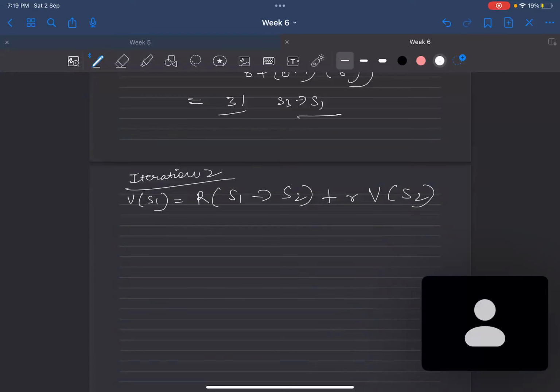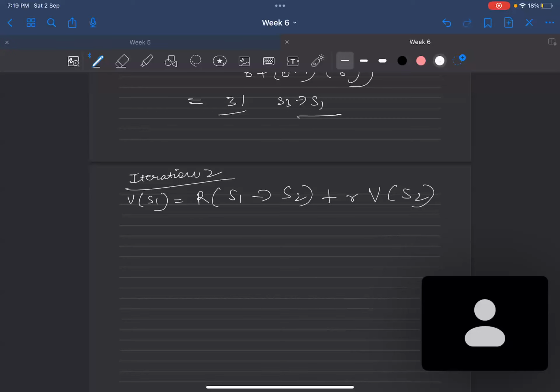In policy iteration there are two steps, policy evaluation and then policy improvement. I'll show all the differences in tabular form and post it in Slack so you can get a better understanding.